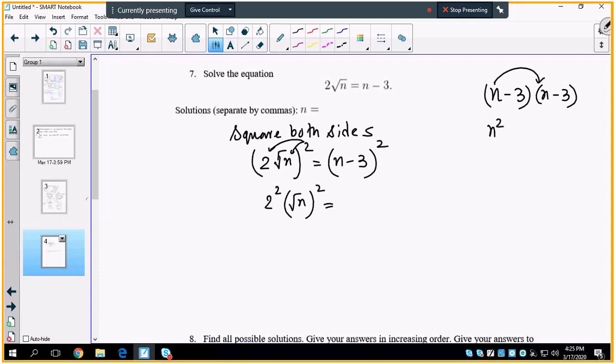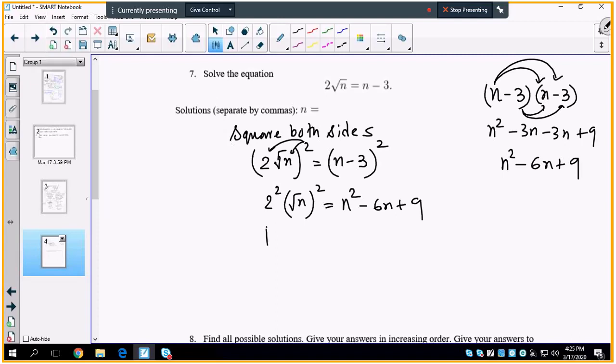So I get n squared minus 3n plus 9. So you get n squared minus 6n plus 9, and that is the right hand side. Now see, the left hand side is just 4. Square root of n squared is n.